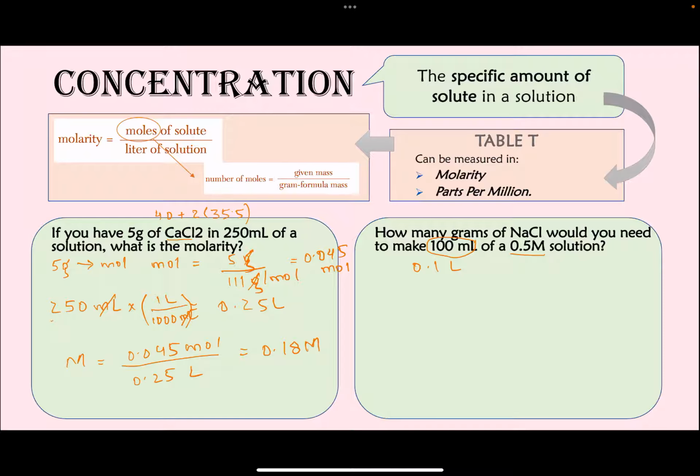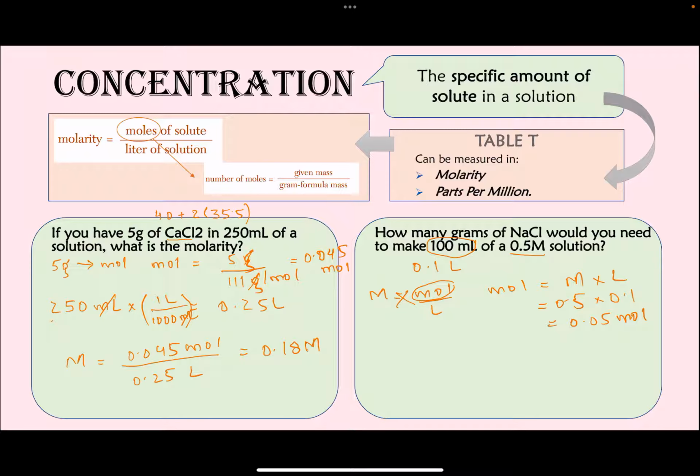And then if we plug these two numbers into the equation, we can get the moles. So molarity equals moles over liters. To calculate the moles, we can just multiply the molarity and the liters. So that gives us 0.5 times 0.1, which is going to be 0.05, I believe, moles.